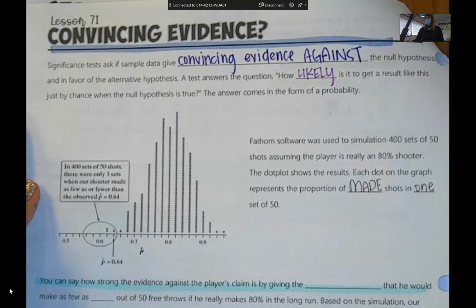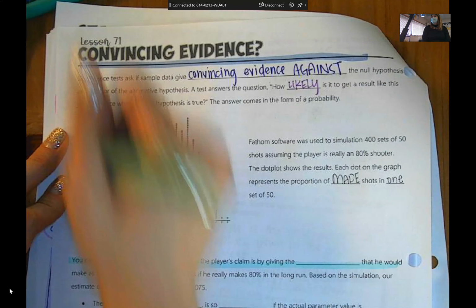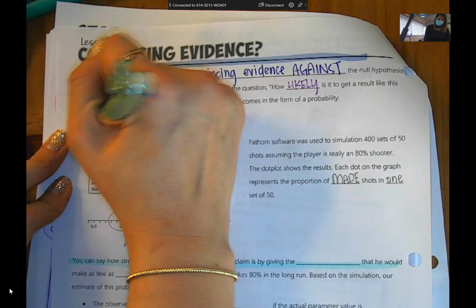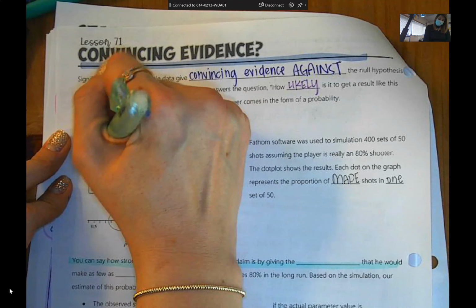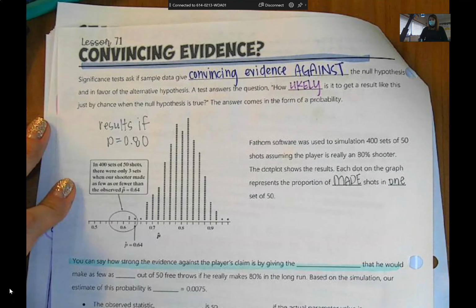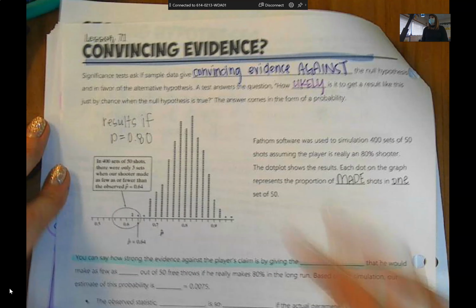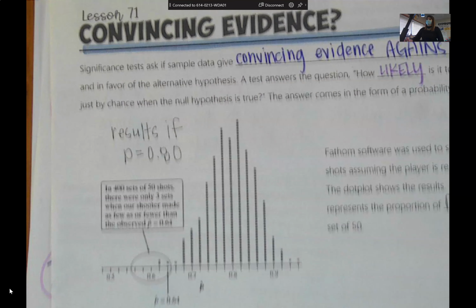Now, hopefully you're remembering, when we look at a dot plot, this is the truth. These are the results we would get if p is true. So this dot plot is the results we would get if he really shoots 80%.